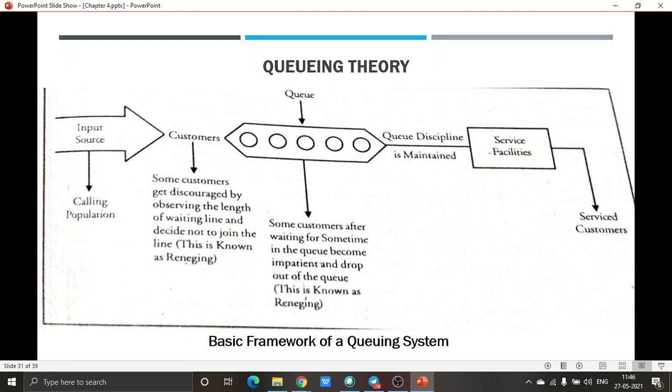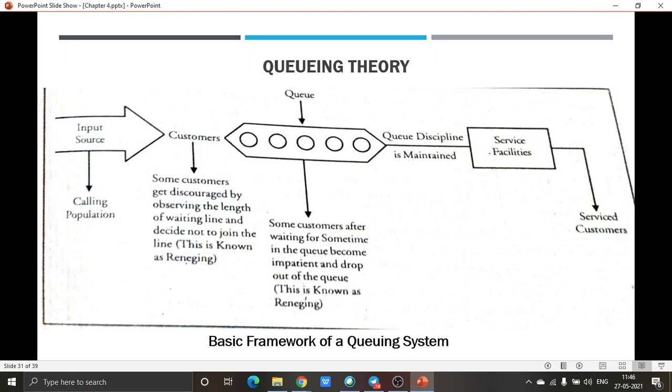The formation of a waiting line is a common phenomenon. It might happen at the service station, booking window, retail store. At some point of time, there may be a long queue, while at other times, there might not be a single person waiting to get service.